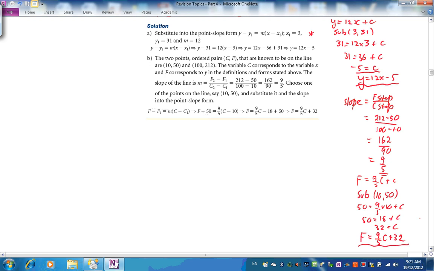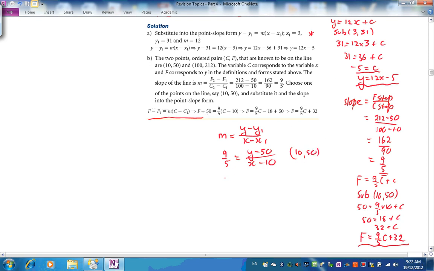The way I think might be best for this one is to use the formula m equals y take y1 over x take x1. It's a slight variation of this one here. And put in the slope is 9 over 5 equals y take 50 over x take 10, using the point (10, 50).